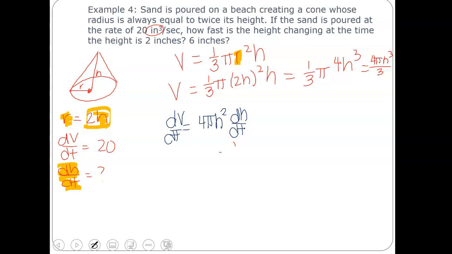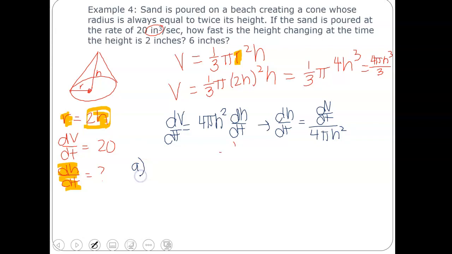So I get dv dt equals 4 pi h squared dh dt. And then I want to know the difference in dh dt when h is 2 and when h is 6. So dh dt equals dv dt divided by 4 pi h squared.